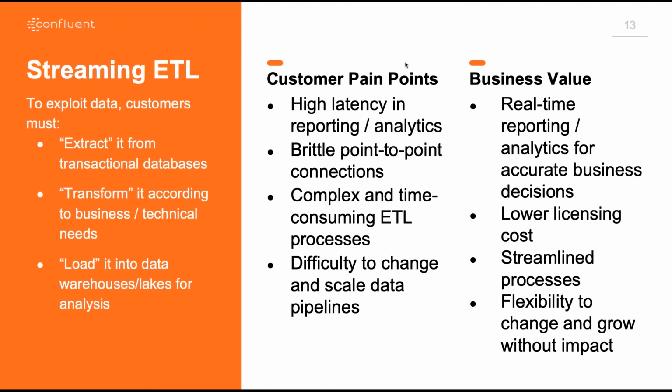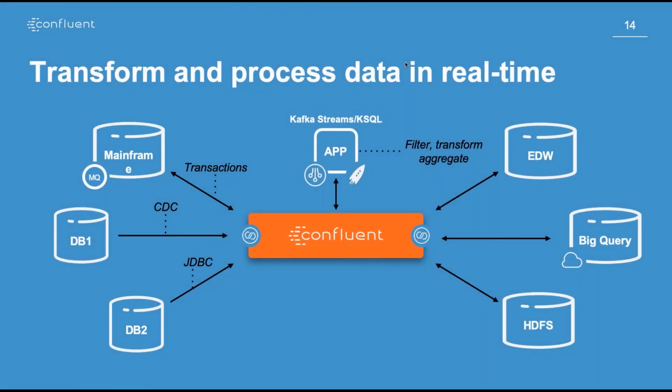From a high level, an architecture might look like this when we talk about a real-time processing architecture. On the left-hand side, we have various sources. It might be mainframes. We might have traditional relational databases that have connections for things like JDBC and CDC, CDC being change data capture, something we'll talk about later on.